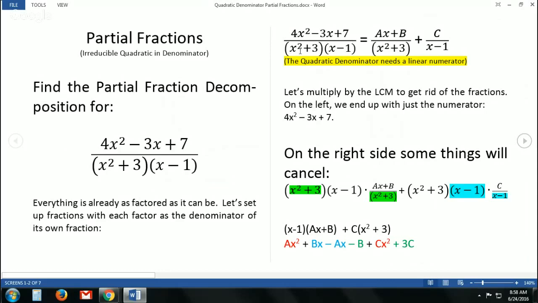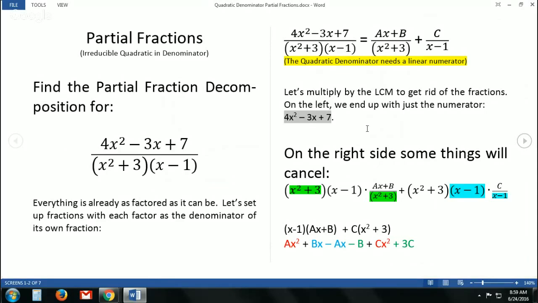So all three fractions on both sides of this equation will be multiplied by x squared plus 3 times x minus 1. When I do that on the left-hand side, everything is going to cancel out, and it's going to leave me just the numerator of the fraction.